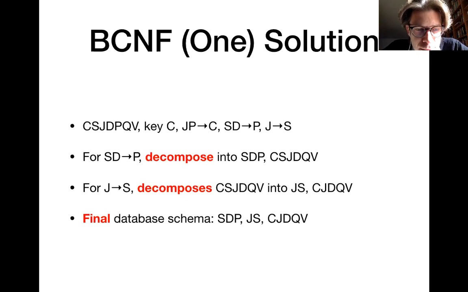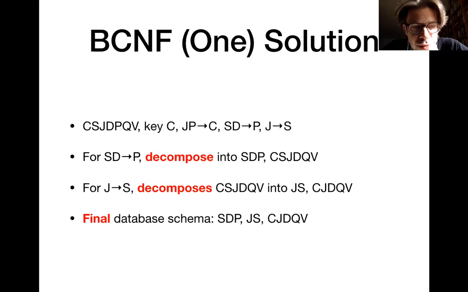So here we decompose into two relations. First of all, we take out the right-hand side of the functional dependency from the original relation. Then we get one of the two relations after decomposition, or precisely we get the attributes that must be included in that relation.